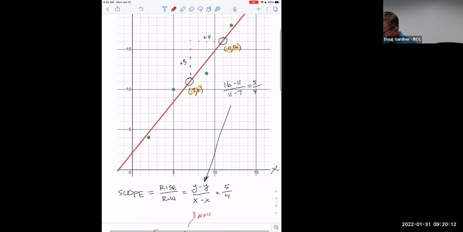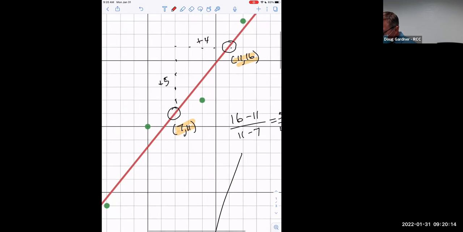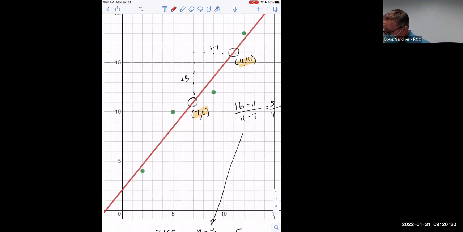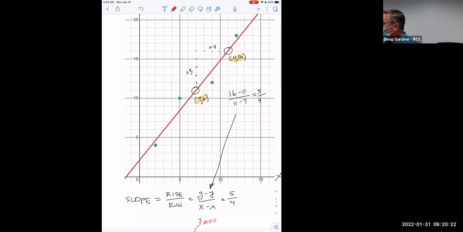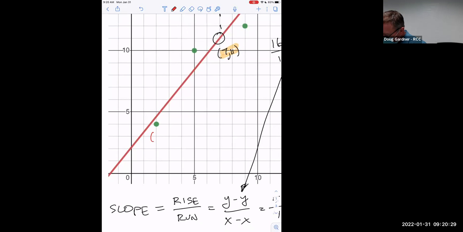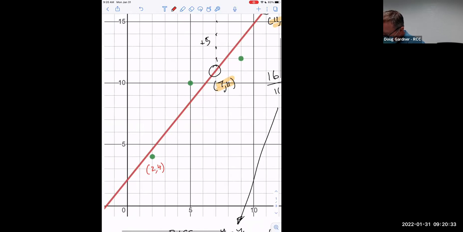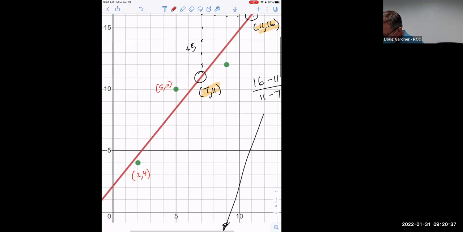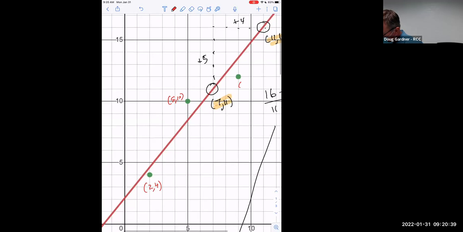So notice I had no choice here but to kind of do my best to pick a couple of points that I thought my line went through. And so this is decent, but that was a lot of work. Way better, if you're allowed to, is to use all 4 points and use regression. So notice these points are exact. This is the point 2, 4. This is the point 5, 10. These green points, this is the point 9, 12.